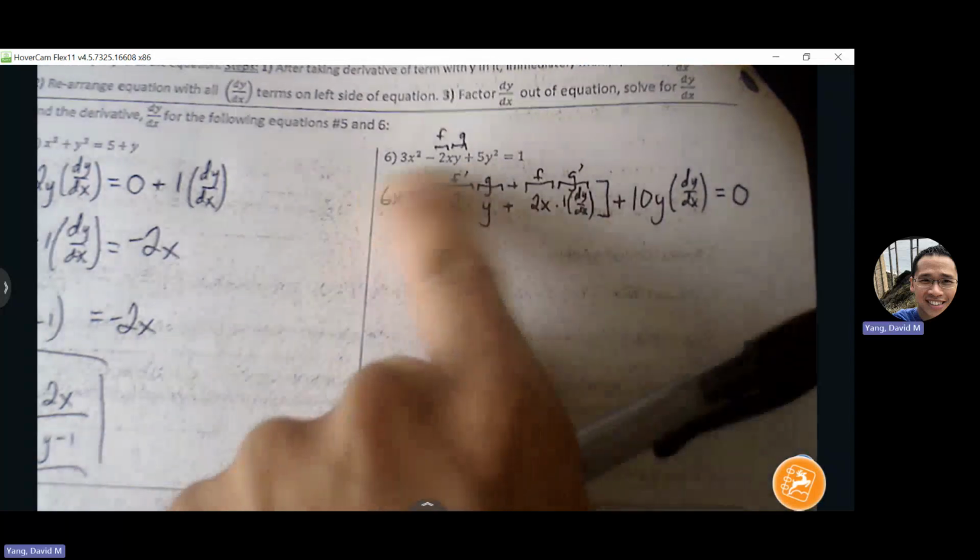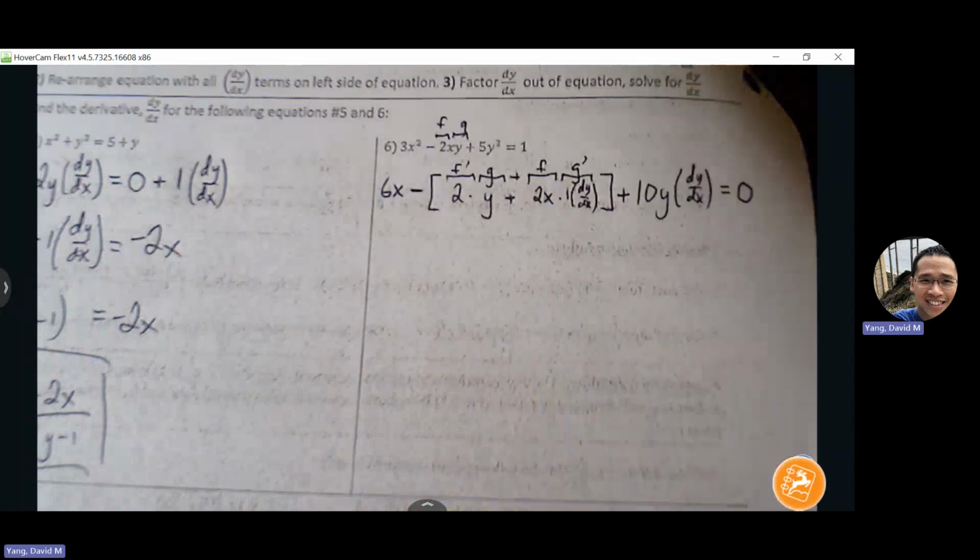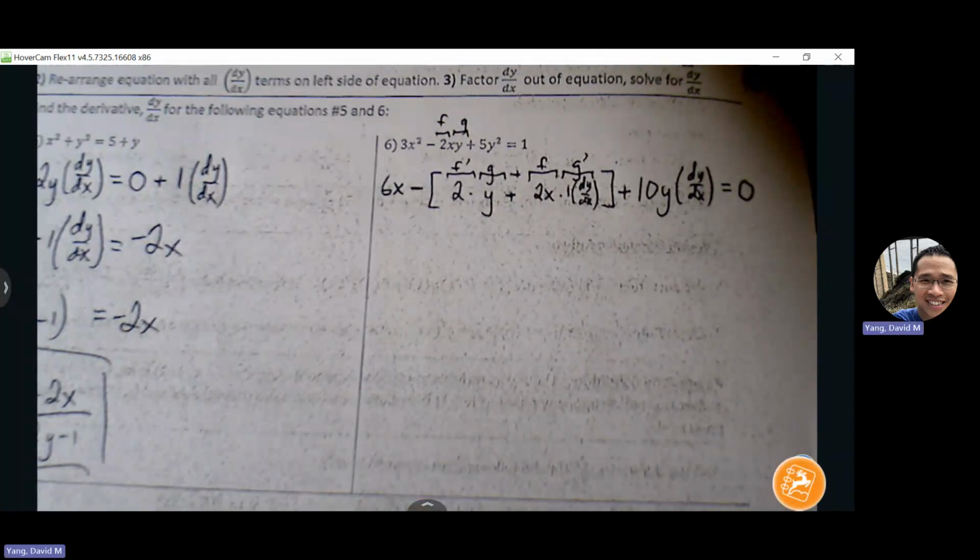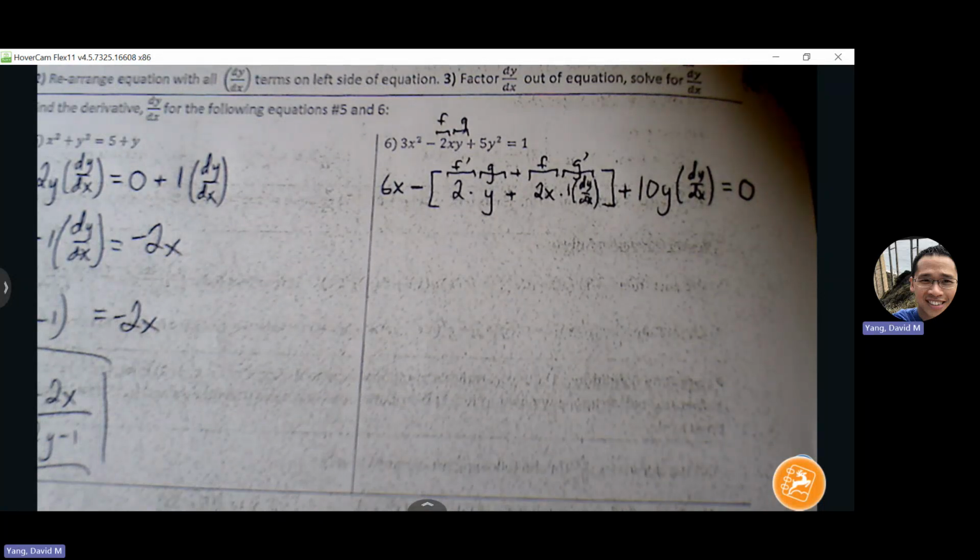So it's not just the left side, both sides are impacted if the 1 goes to 0. Okay, so now we can distribute the negative through and then subtract in a way that we can get that dy dx by itself, and then we factor dy dx out. Spend a minute doing that, and we can move on to the next packet.